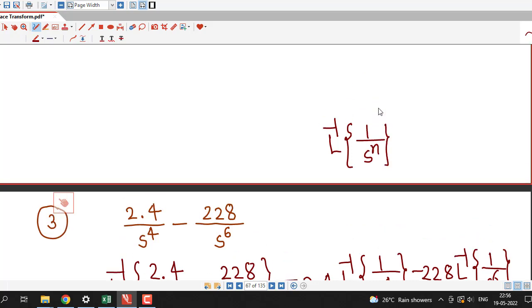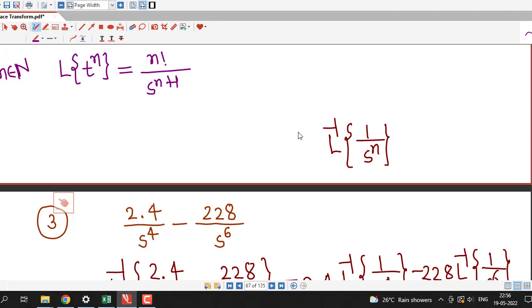If you don't remember, you can derive this formula using the formula for the Laplace transform of t raised to n. We know that the Laplace transform of t raised to n is given by n factorial divided by s raised to n plus 1, if our n is a natural number.